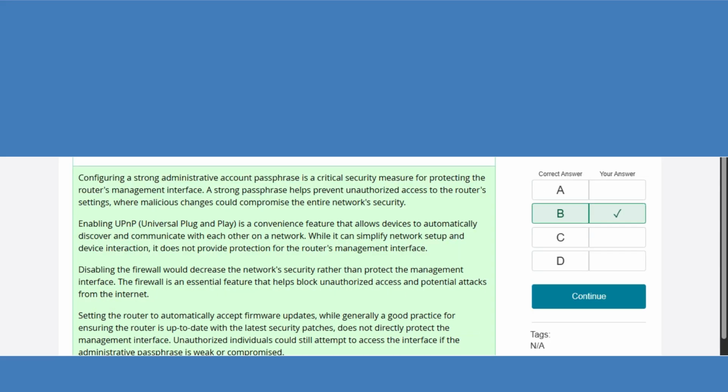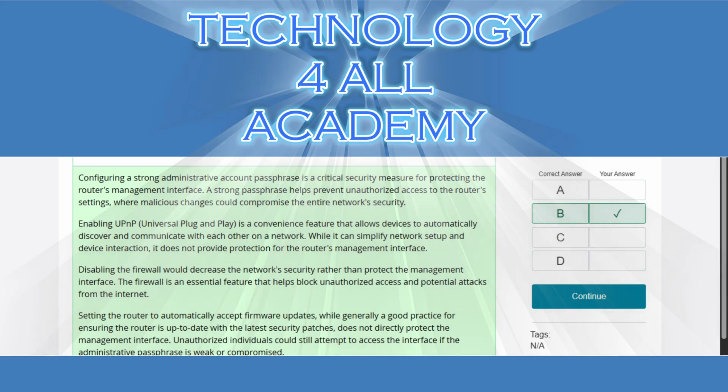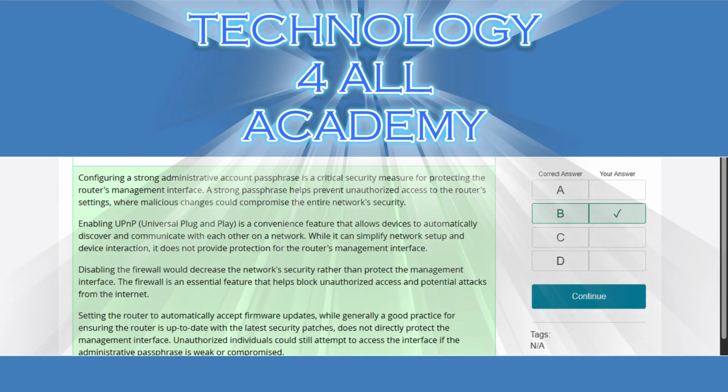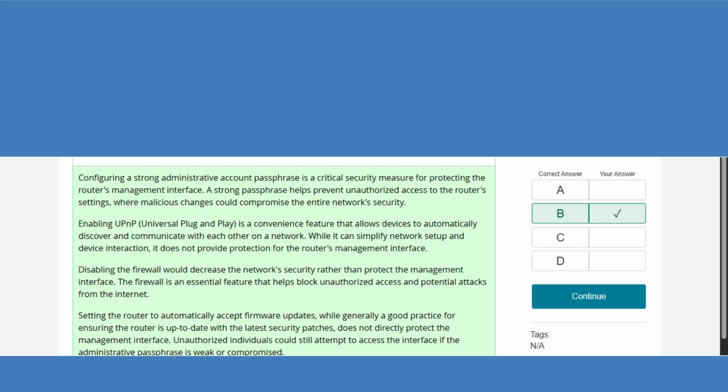And it says, configuring a strong administrative account passphrase is a critical security measure for protecting the router's management interface. A strong passphrase helps prevent unauthorized access to the router's settings, where malicious changes could compromise the entire network security.